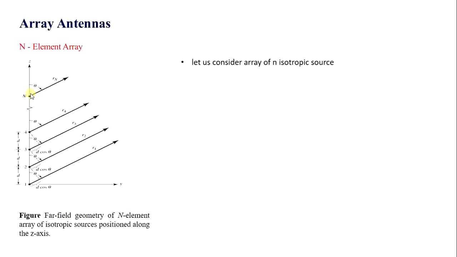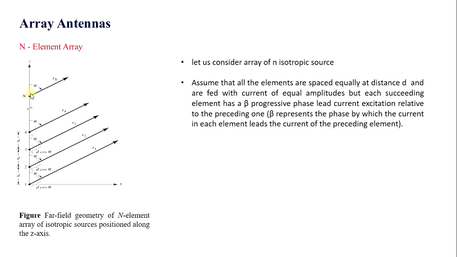Considering this array of n isotropic sources, we assume that all the elements are spaced equally. You can see in the figure they are all spaced equally at distance d, and they are fed with currents of equal amplitude, where each succeeding element has a progressive phase shift denoted by beta.